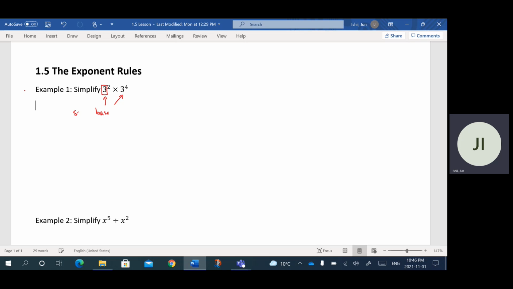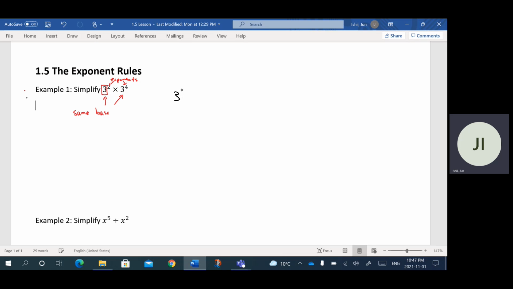These rules only apply when you're working with exponents with the same base. The little 4, the little 2 and the little 4 are your exponents, which hopefully you've already heard before. Let's see what happens here.